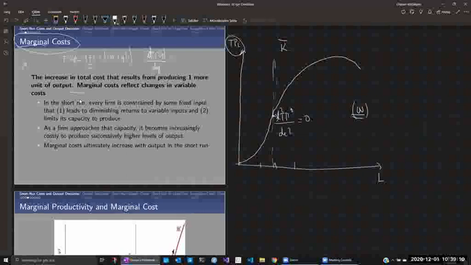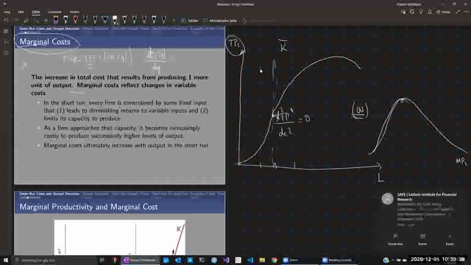Remember that at this point the marginal productivity was maximum, and the marginal productivity will start to decrease, right? So exactly at this point, it peaks. Then there should be different changes in the cost when the productivity of labor, or marginal productivity of labor, is increasing versus when it starts to decrease. Okay.